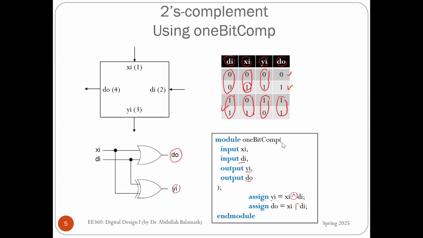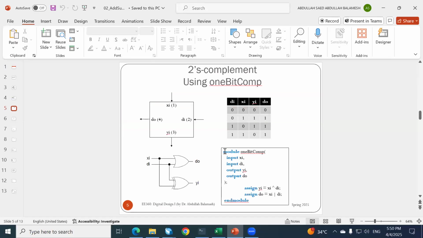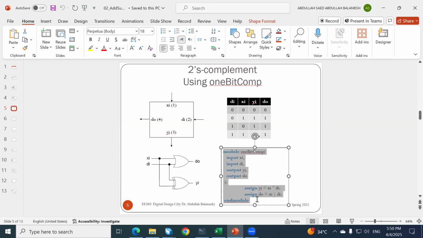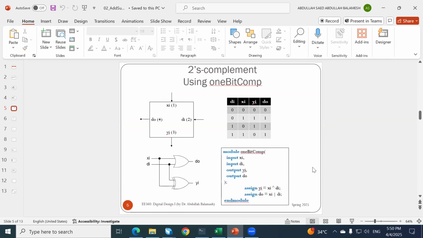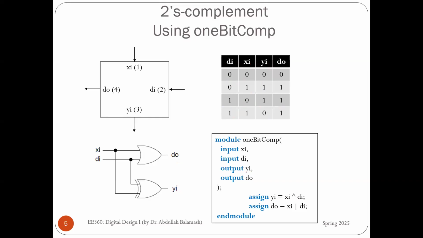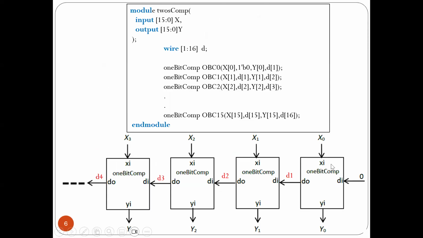Okay, let us now try to run this using Quartus. I'll copy this code here, Control C. Actually, we'll not do that before we see the complete circuit. Okay, sorry for that. So this is now the 1-bit module, and this is the complete circuit.